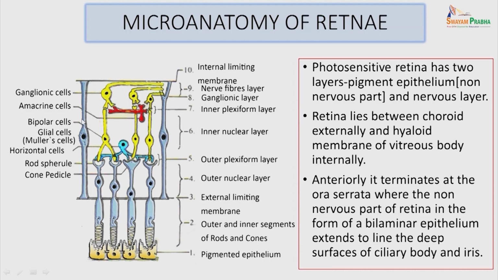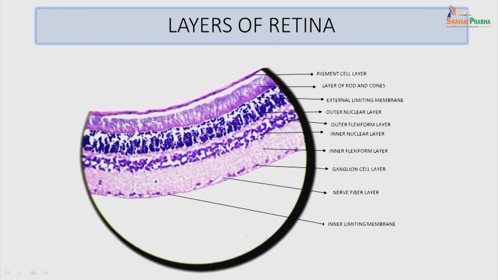This is the neuroglial cell which is present in the retina, that is a supporting cell which is present among the neuronal cells. You can see the cell body of the Muller's cell here, and the processes are extending throughout the retina. We are going to see all these layers in detail.